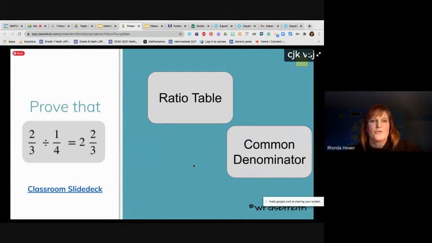If you can understand a ratio table, you will understand why the invert and multiply algorithm works. And a common denominator is a nice simple thing for students to learn.